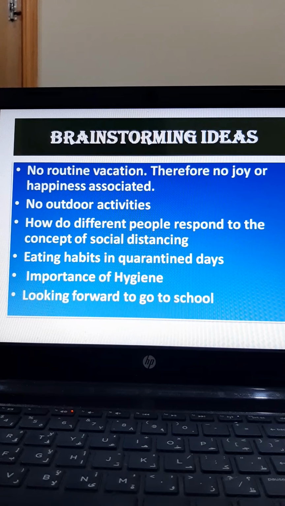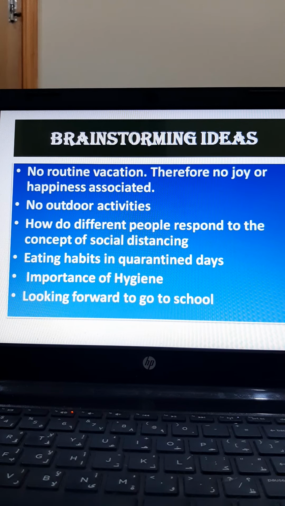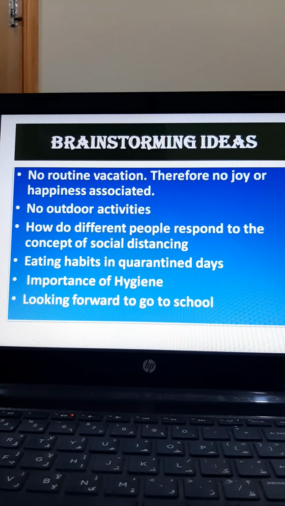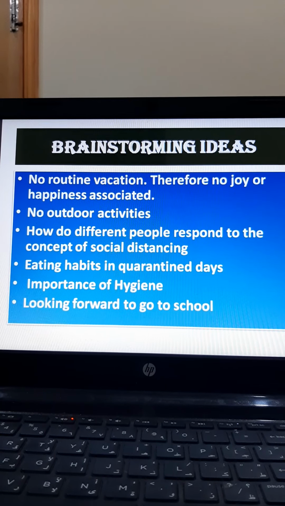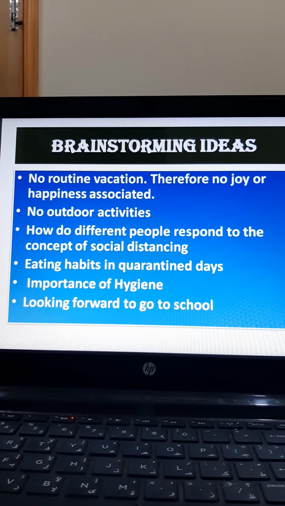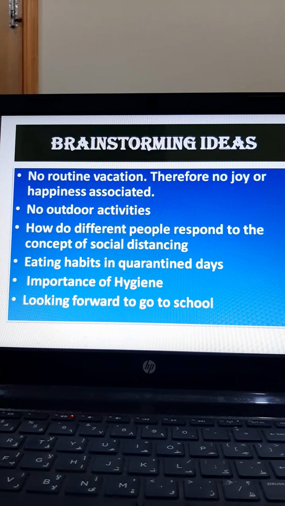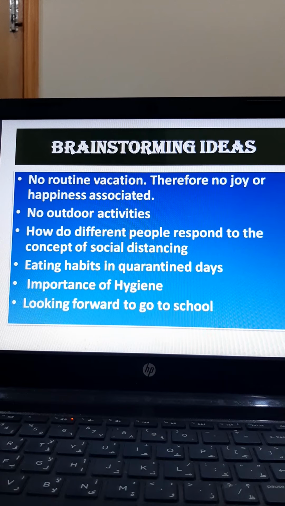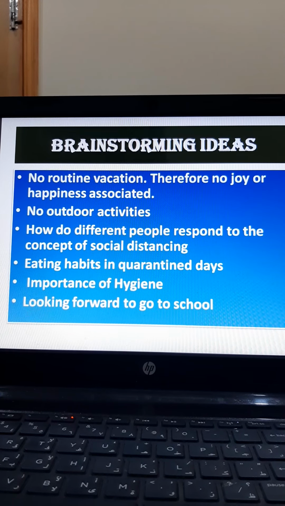How do different people respond to the concept of social distancing? Now, that would be something really interesting to write on, how different people deal with this concept. Seriously, non-seriously, indifferently, and various examples of various age groups may be referred to. Then you should touch upon the eating habits in the quarantine days that we all have been through.